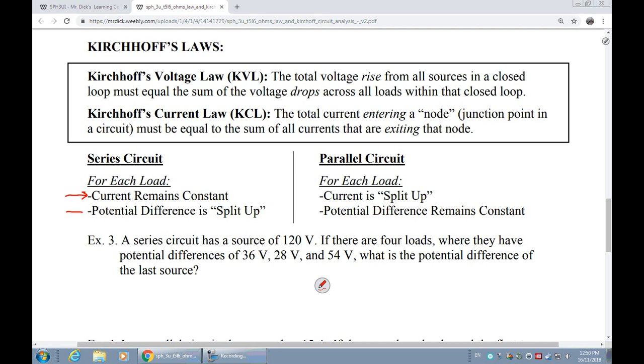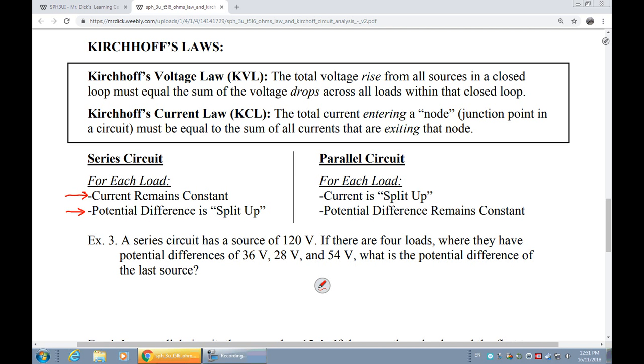But the potential difference, or the voltage, will get split up. Because if there are multiple loads around the series circuit, they all need to add up back to the original voltage rise. Whatever amount of voltage is supplied will get used up in separate pieces by each of the loads, or in other words, split up amongst all of the loads, so that when we put all of those load voltage drops back together, it equals the original voltage rise.